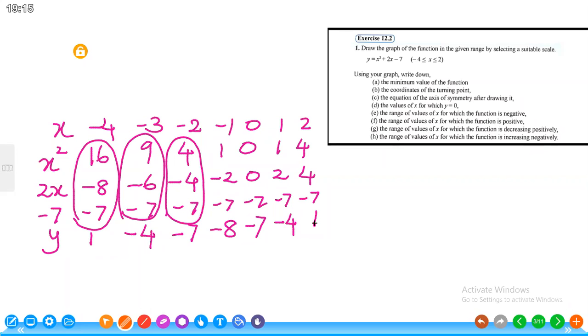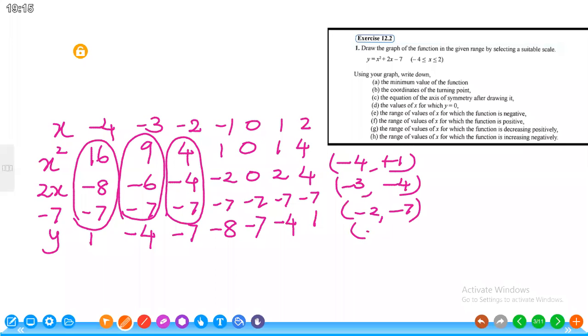Okay, first I write the coordinates, okay? Corresponding coordinate: negative 4 corresponds to 1. Another coordinate is negative 3 corresponding to negative 4. Another one, negative 2 corresponding to negative 7. Another one, negative 1 corresponding to negative 8. Another one, 0, negative 7.